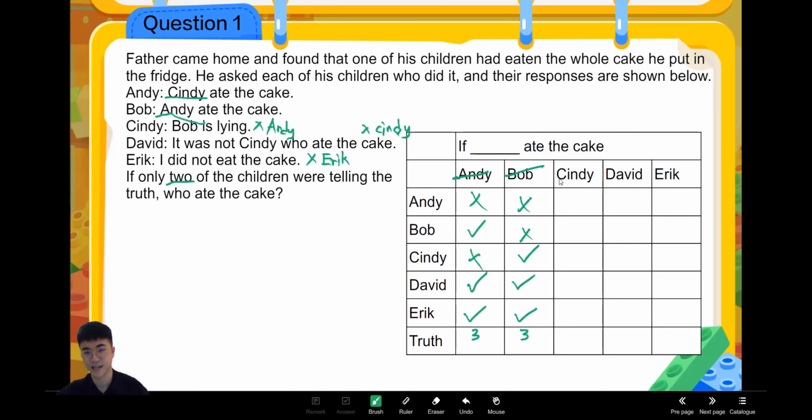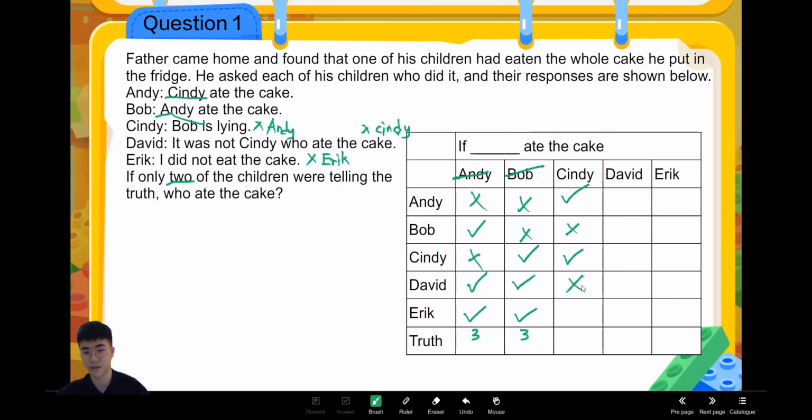So the third scenario, if Cindy ate the cake. If Cindy ate the cake, Andy is telling the truth, and Bob is lying. When Bob is lying, then Cindy is telling the truth. And David says it's not Cindy.